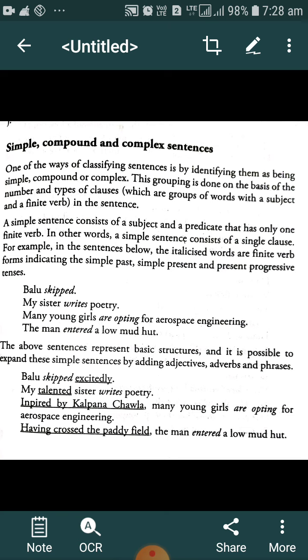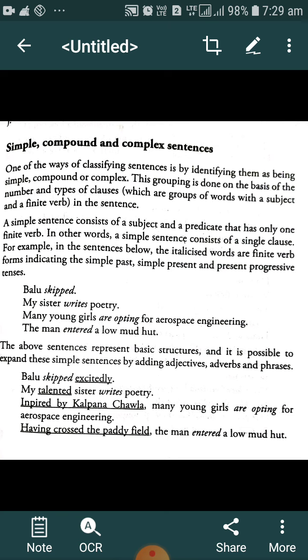When we consider any verb in a sentence as a finite verb, it means that verb is affected by the number of the subject, the tense, and other things that totally affect the form of that particular verb.